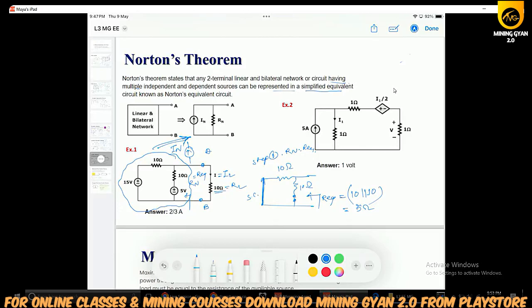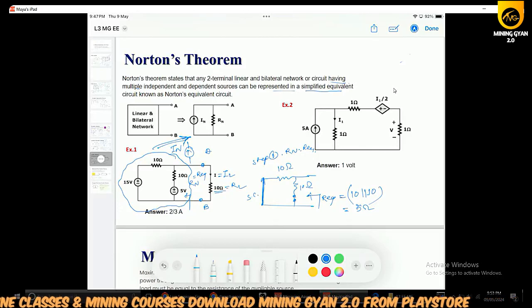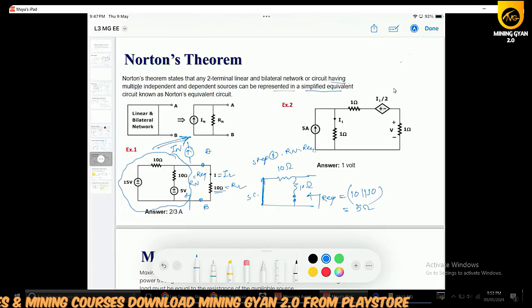In this case, you have to consider both dependent and independent sources. Please remember that. This is I1, and this is I1 by 2. And across this, you have to calculate the total current that is flowing through these terminals A and B.